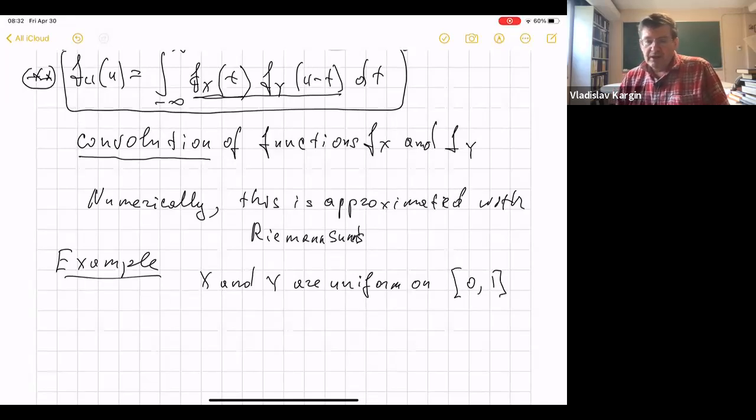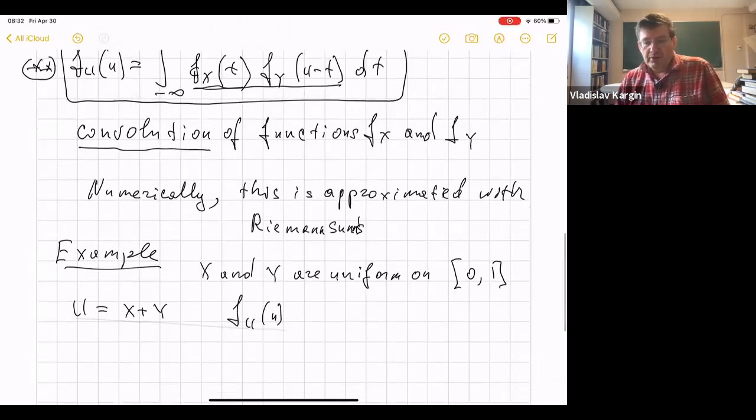In this case, we'll need to calculate u equal to x plus y, and we want to calculate the density of u using this convolution formula.